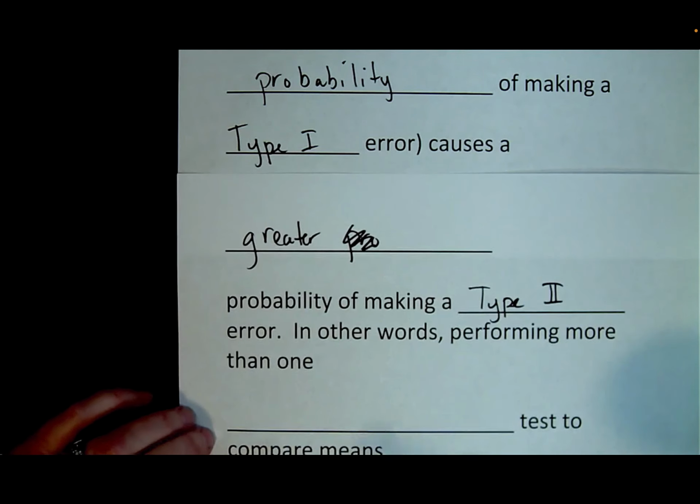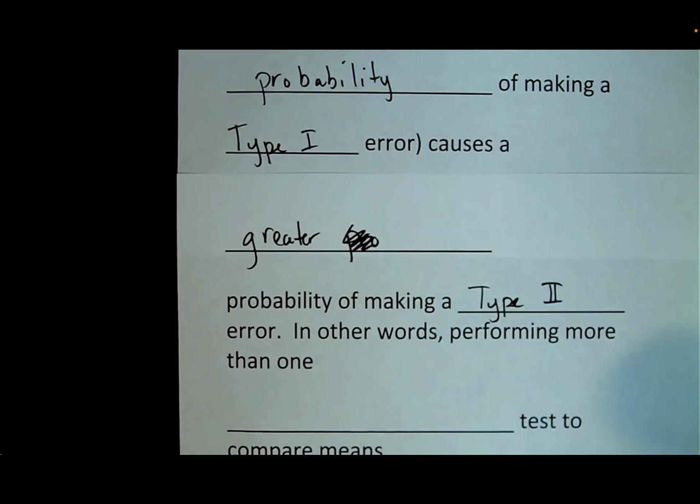And just in case you need a reminder of what type 1 and type 2 are, because obviously those names don't really give a hint at all at what they are. If you look back at section 10.1, the language of hypothesis testing, the analogy we used was that our null hypothesis was that an accused person on trial is innocent, and so a type 1 error was causing an innocent person to go to jail.